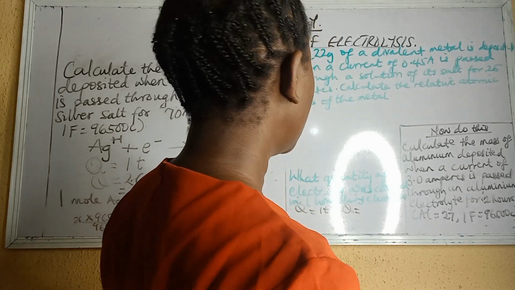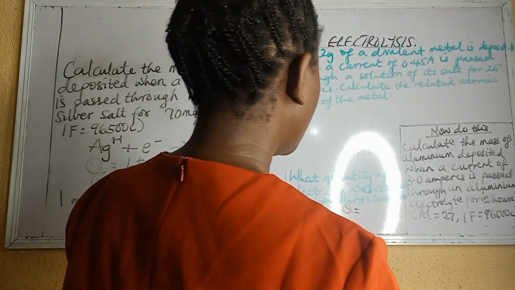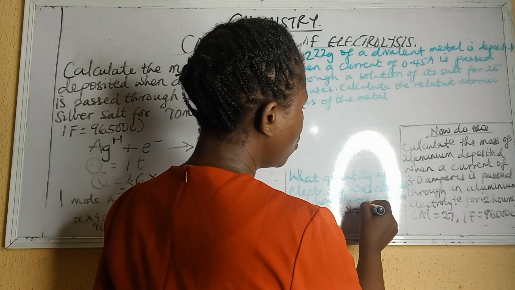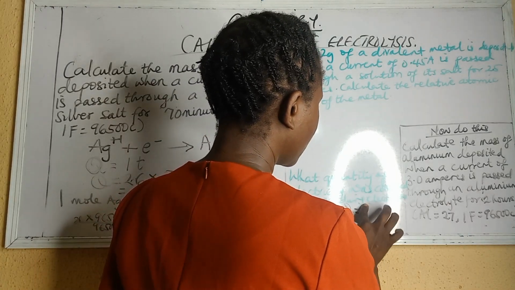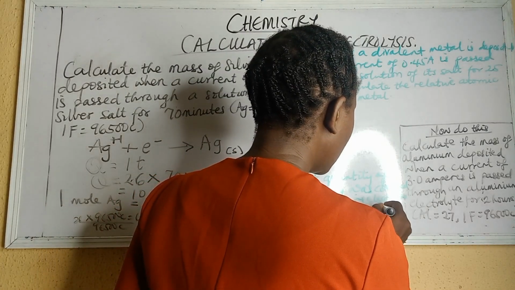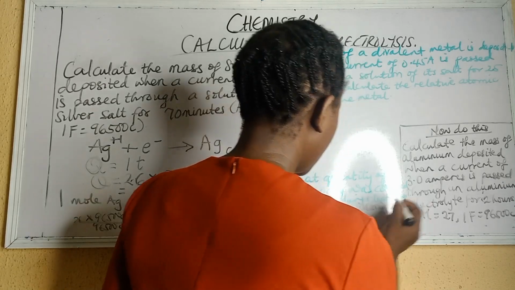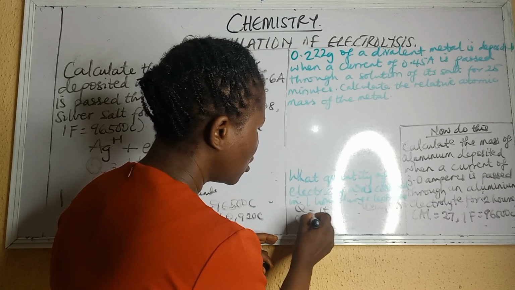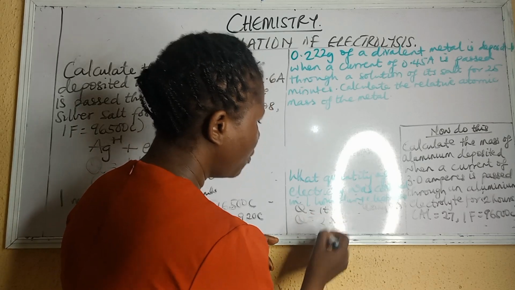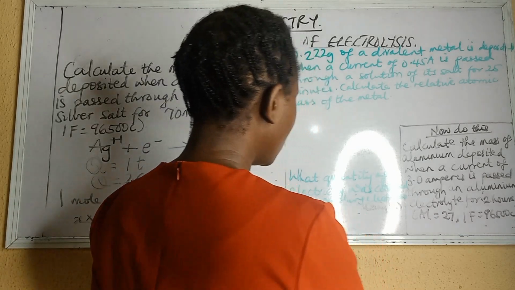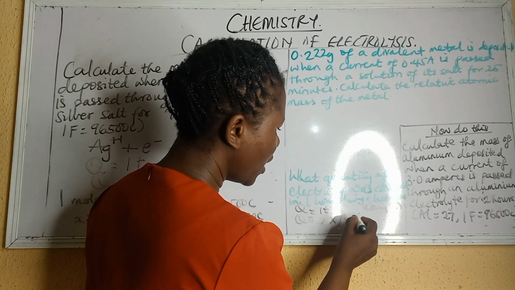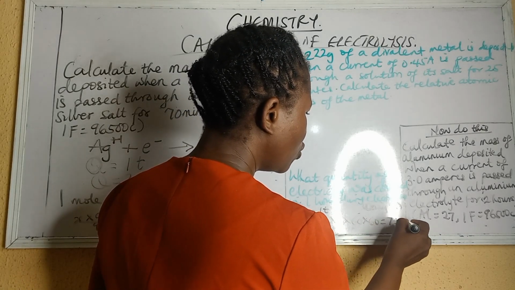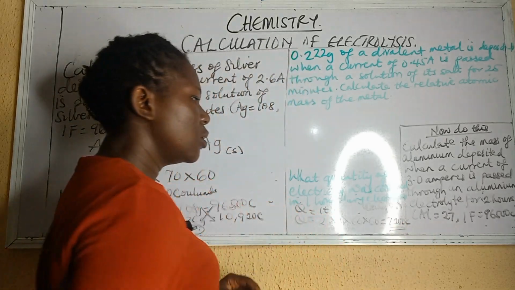What quantity of electricity was consumed in 1 hour during electrolysis using 2 amperes? So Q here is 2 multiplied by the time T, which is 1 hour. That is 1 multiplied by 60 multiplied by 60, and that is 7,200 coulombs.